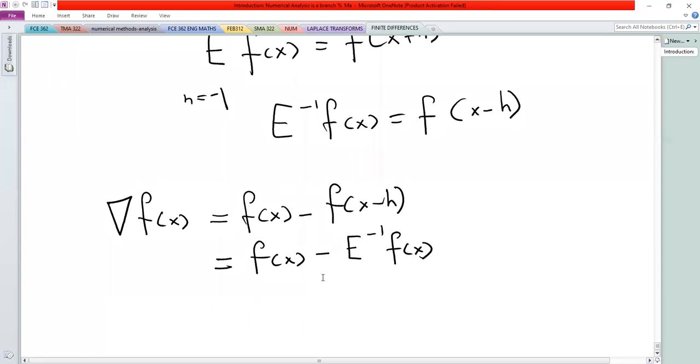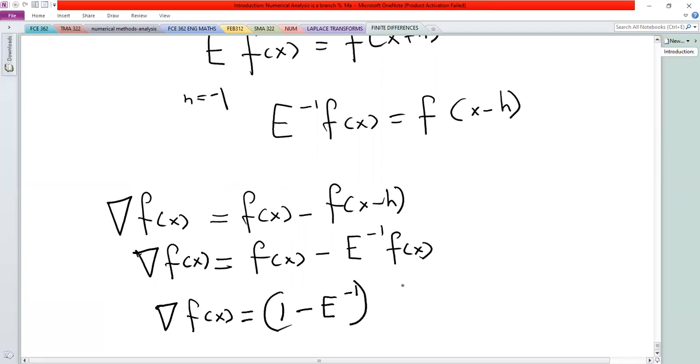And so the right-hand side of this equation, every term has an f of x. So we can write 1 minus e raised power minus 1, and then f of x.